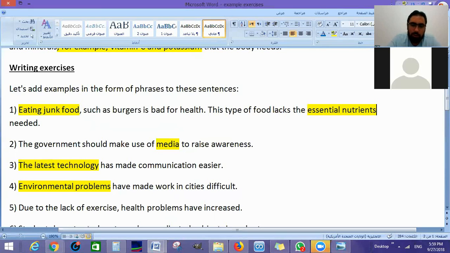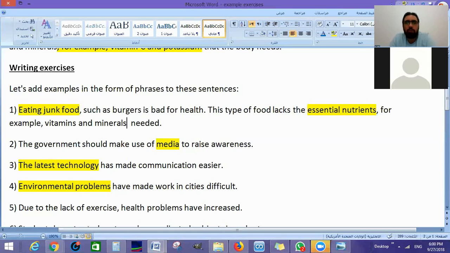The essential nutrients, like what? For example, vitamin C, vitamins and minerals needed.